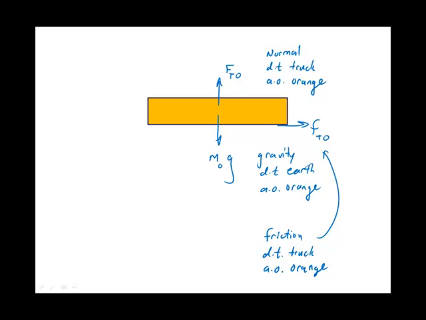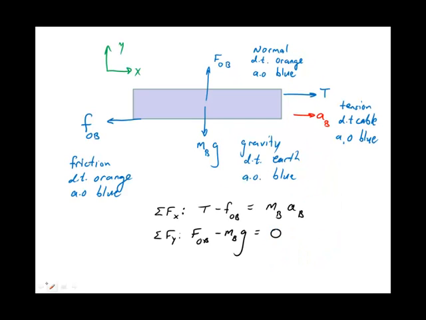Now there are two other forces that we want to take into account, and we're going to get those forces from the previous force diagram. We're going to take advantage of Newton's third law. Notice I have a force right here, frictional force due to the orange beam acting on the blue beam. Newton's third law says there must be a frictional force due to the blue beam acting on the orange beam. And so, since I'm doing a force diagram for the orange beam, I need that force.